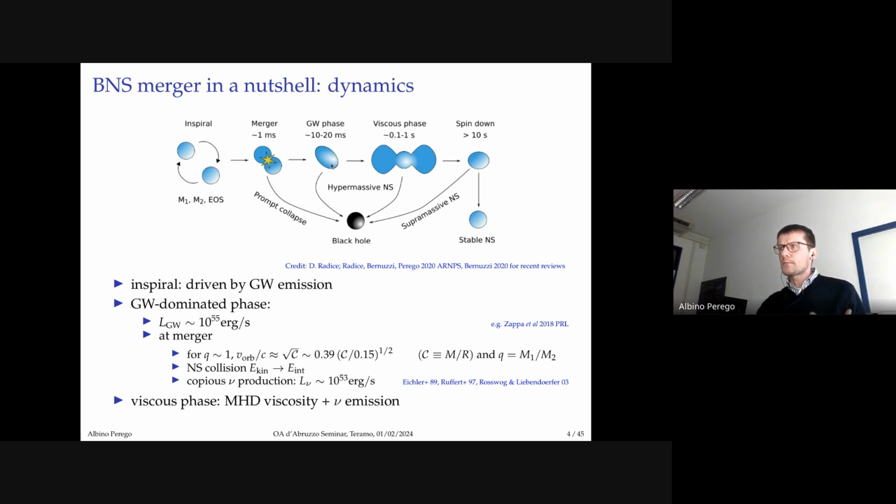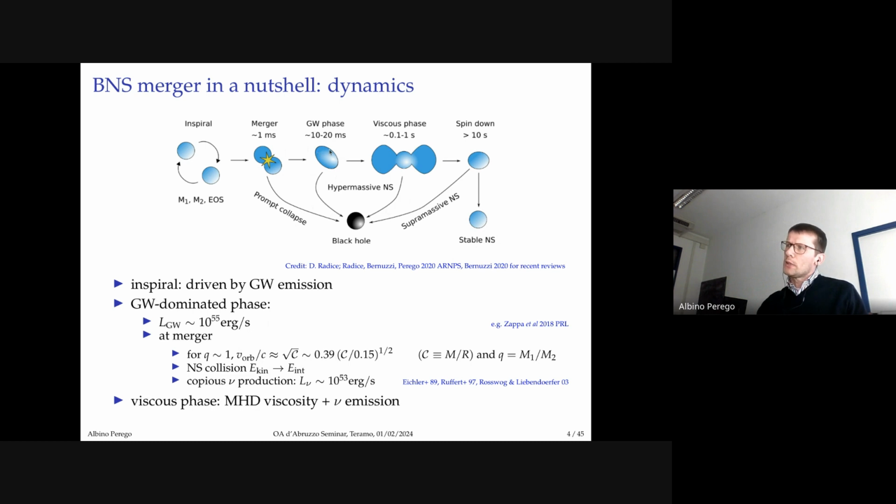However, due to the fact that the kinetic energy of the merging binary is converted, at least in part, into internal energy, the temperature increases. If you just want to get a feeling of the speed at which the two neutron stars collide, you can make a back-of-the-envelope calculation, and it turns out that the orbital speed at merger is 40% of the speed of light.